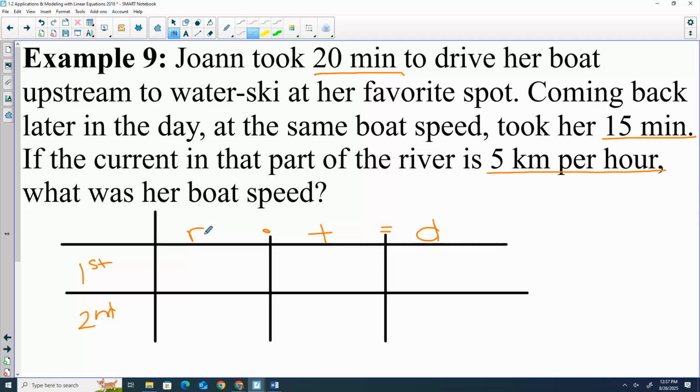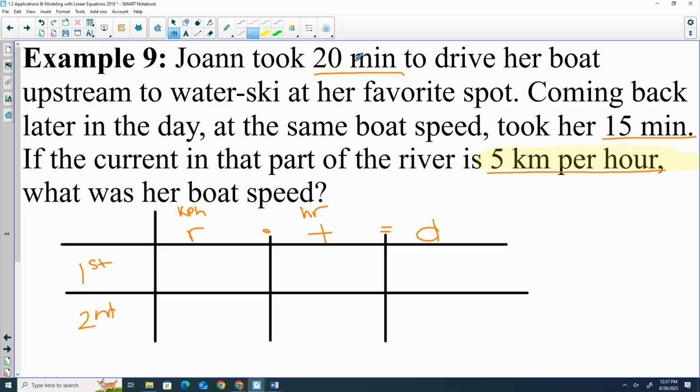So can you tell me what units my time has to be in on this problem? It has to be hours because it has to match the rate. Since this is kilometers per hour, our time would have to be in hours.